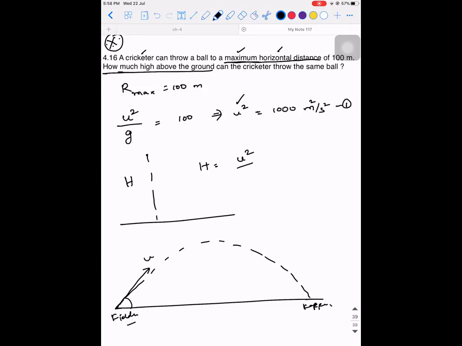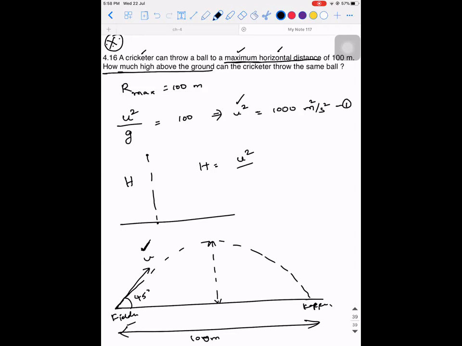If he is able to throw with this velocity at an angle of 45 degrees to a keeper at a distance of 100 meters from him, and he maintains the same velocity, how high above the ground can he throw is the scenario. It is not how high the ball has gone during this kind of projection. You're able to understand the difference.